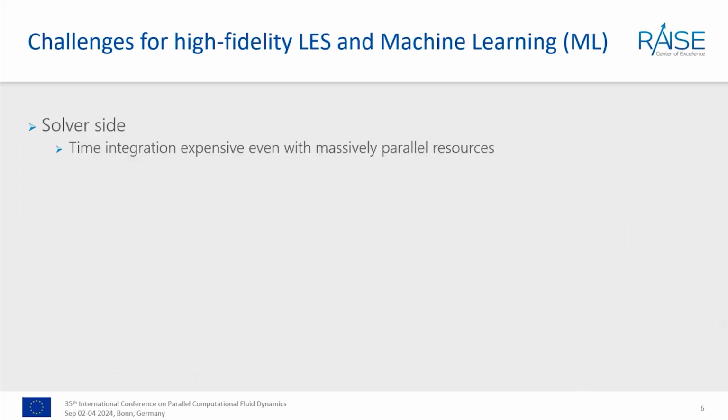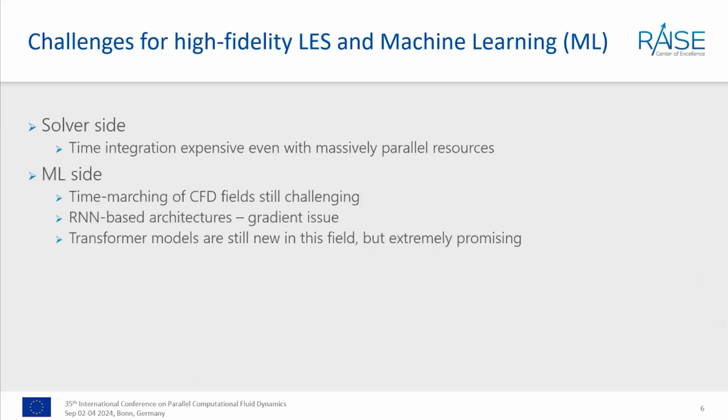Now let's come to the challenges. As you might understand, this is a high fidelity LES simulation, so on the solver side, these time integrations are expensive, even if we use massively parallel resources. On the machine learning side, there are quite a lot of techniques which could be used for solving transient or dynamic problems.